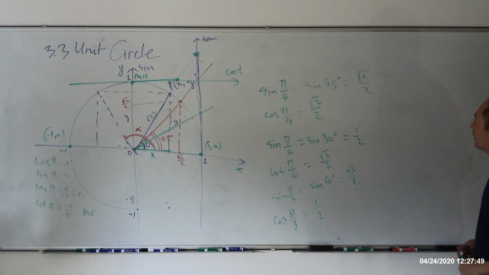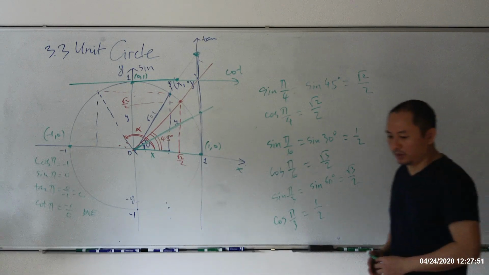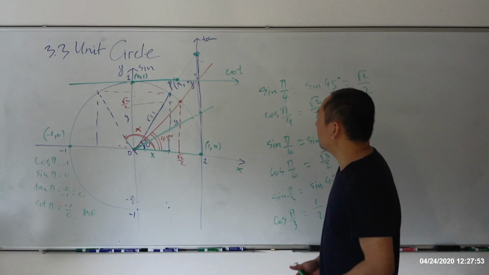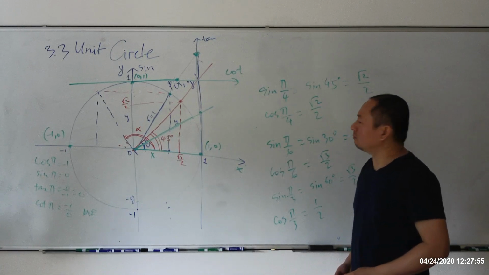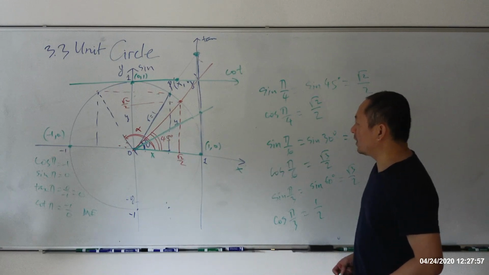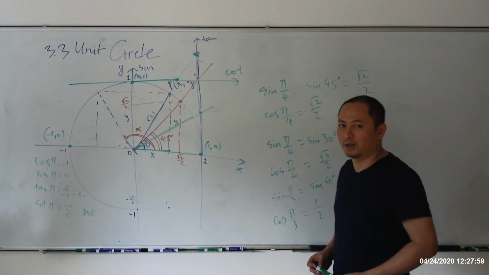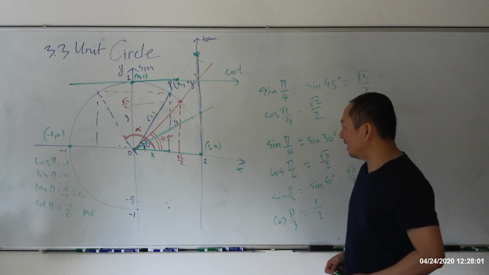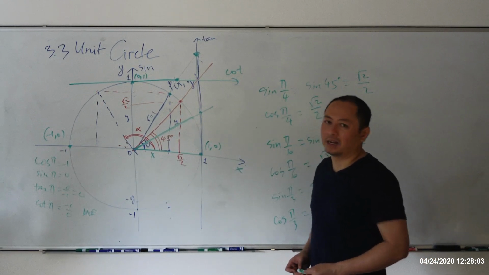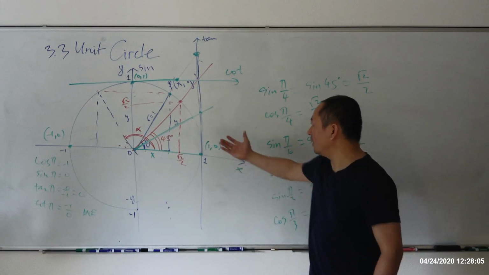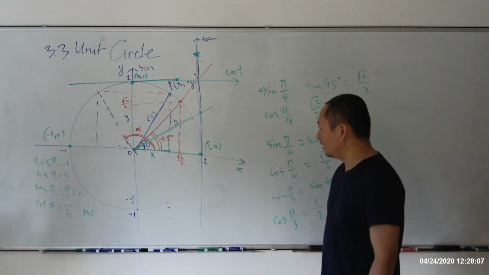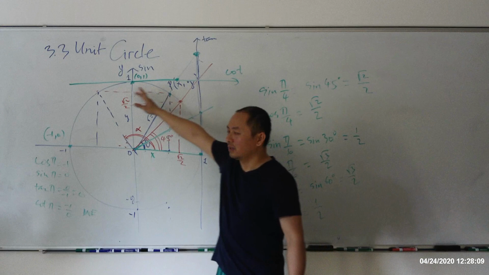And this is pretty much about the unit circle. There are many ways to study trigonometry. Some people prefer the algebraic way, some others prefer the geometric way, and I prefer geometry. So whenever we think of trig, this is what we have on top of my head, the unit circle.